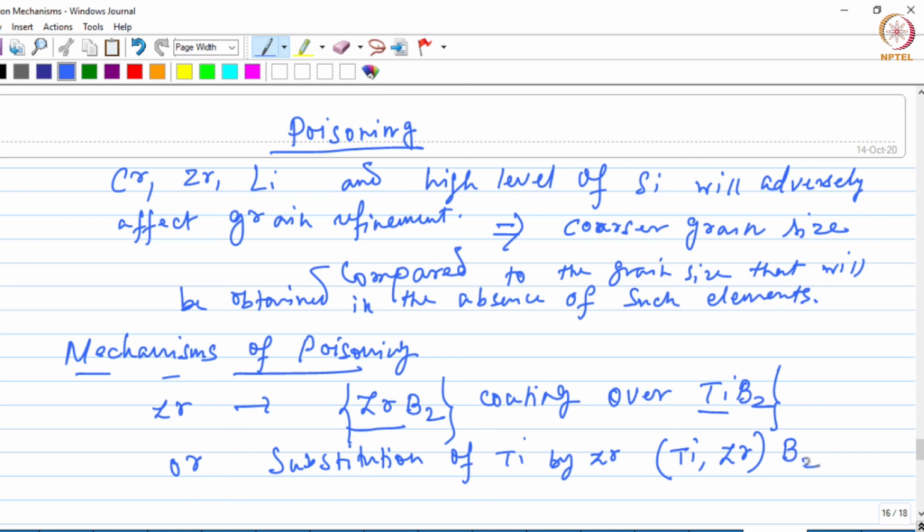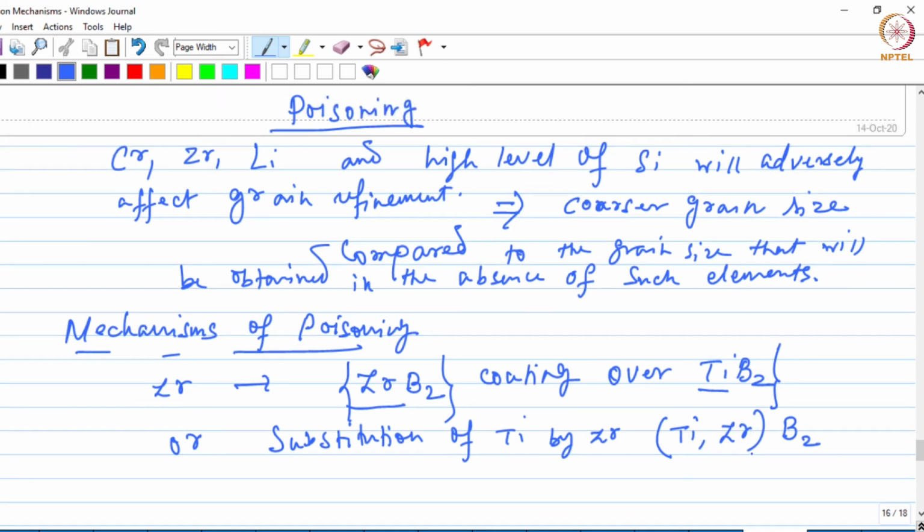Okay, and as I said, zirconium boride is not really a good grain refiner. So when zirconium is substituted in titanium boride, its grain refinement efficiency will decrease. And this also changes the lattice parameter. So the orientation relationship and all that which titanium boride would have had with aluminium will also change. And because of that, the grain refinement efficiency is also going to alter.